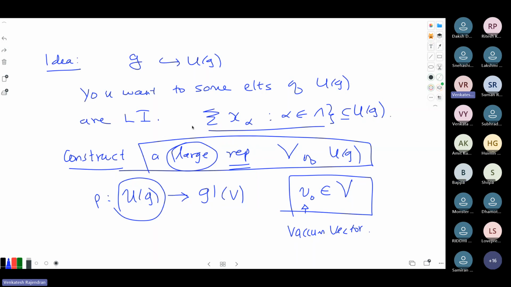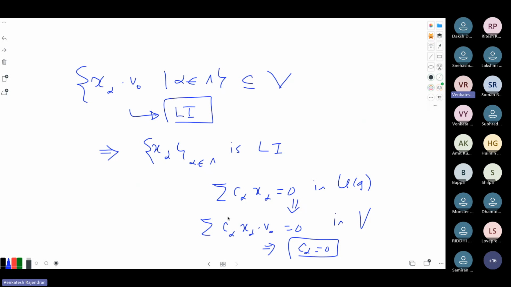The set that you will be considering could be a large set, and you are expecting the images of v_0 under the X_α to be linearly independent. So you expect it to have the same cardinality as Λ. Your space should be as big as this.